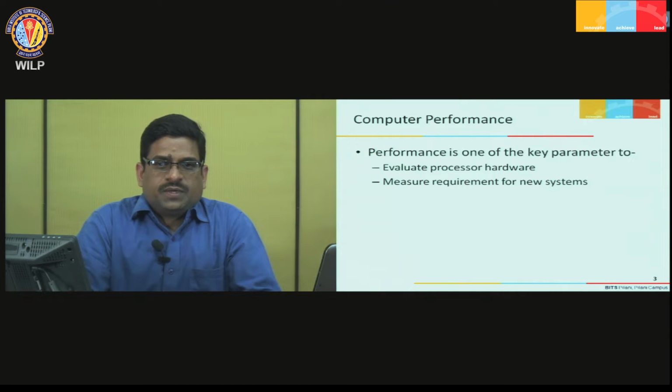Performance is one of the key parameters for evaluating the processor hardware, and the other is measuring the requirement of a new system. When you go for new hardware, you have to first measure your requirement as per your organization's demand, and then you propose some system for that.